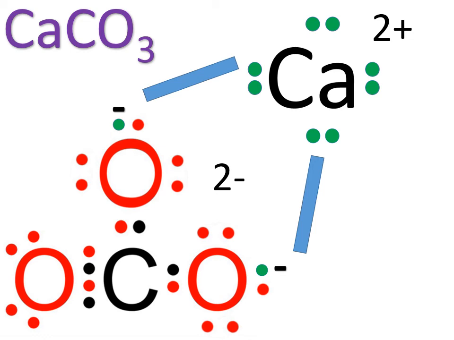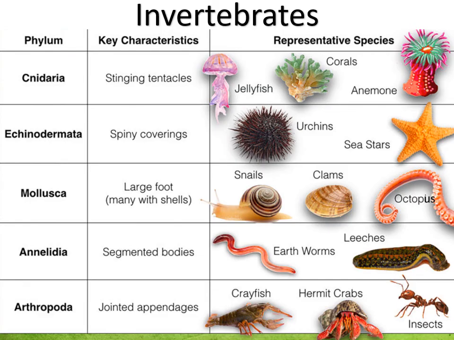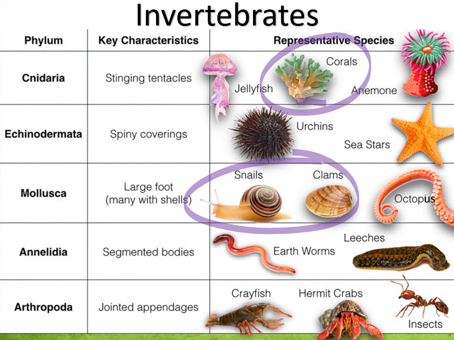A geologist would tell you that calcite, aragonite and vaterite are pure calcium carbonate minerals found in rocks like limestone, chalk and marble. But calcium carbonate is important in biology too. Many invertebrates such as mollusks, corals and echinoderms such as starfish and sea urchins construct their exoskeletons from this mineral.